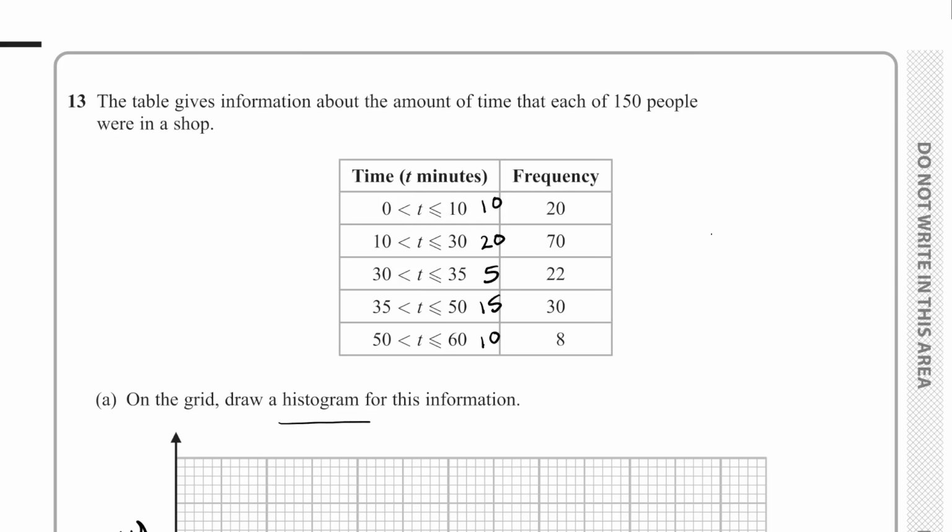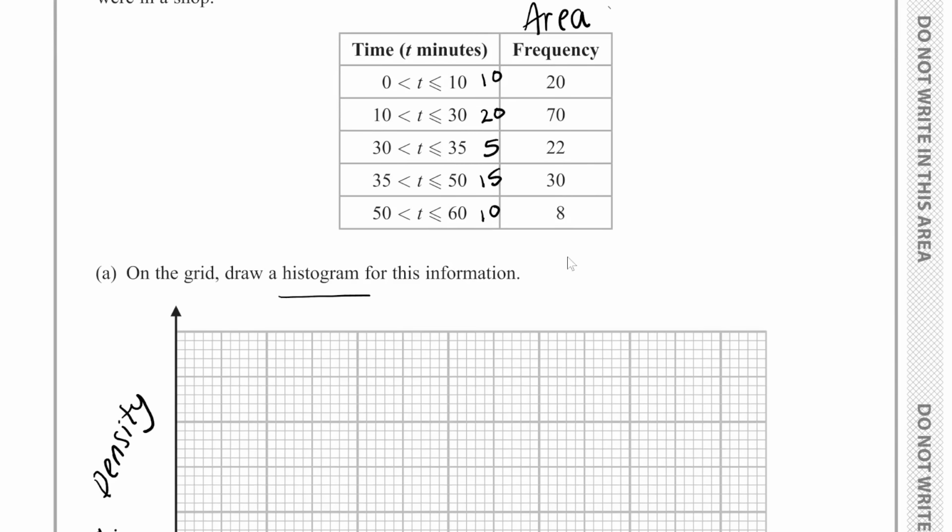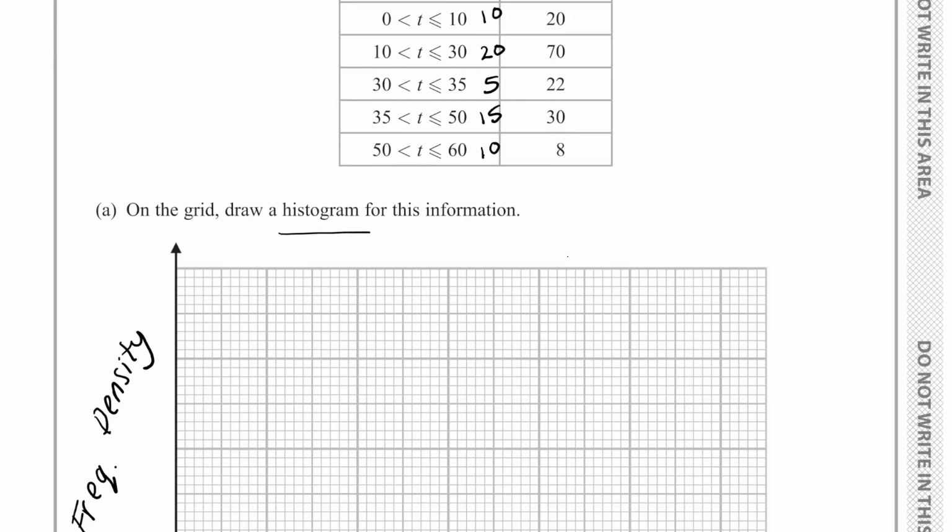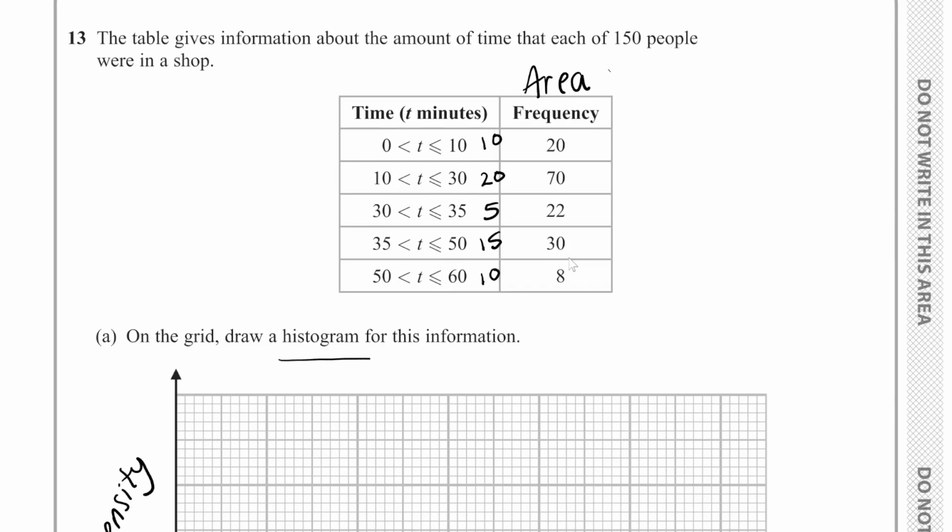So in a histogram, the area of the bar is the frequency. So our first bar is 10 wide. It goes from 0 to 10. It's got to have an area of 20. So what's its height? What's its frequency density?